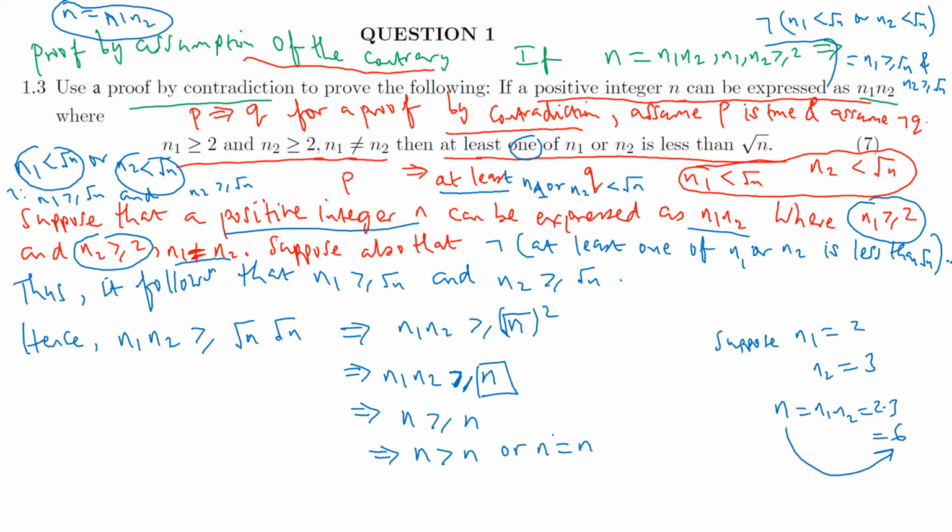Now, I want us to come to a conclusion here, but in a much clearer manner. We note that n1 is false, since n equals n for all positive integers.